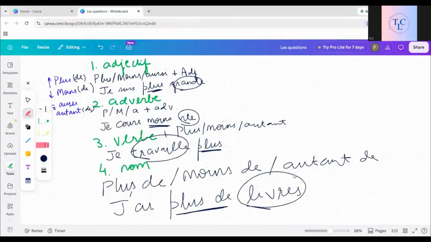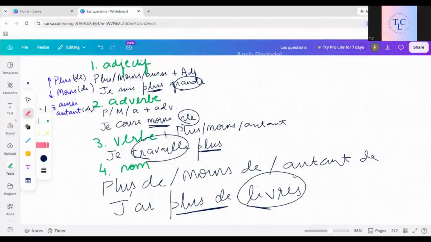Okay. That's how this works. Le comparatif, the comparison. Now, what am I comparing this to? This is also a complete sentence. I can say, je suis plus grande, je cours moins vite, je travaille plus, j'ai plus de livres. Definitely. If I want to keep it till this, I can.